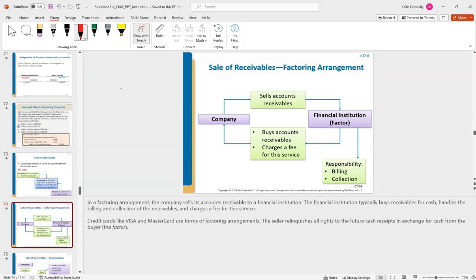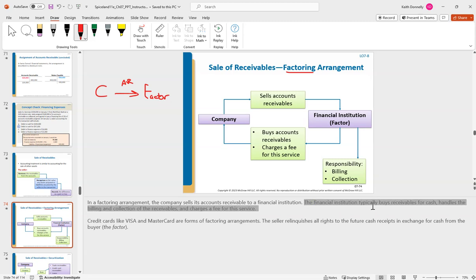One situation would be a factoring agreement. So it says down here, in a factoring agreement, the company sells its account receivable to a financial institution. So we'll say F, financial institution. This person is normally called the factor.